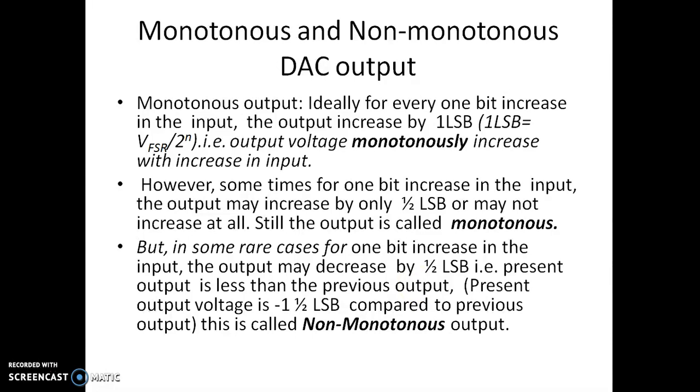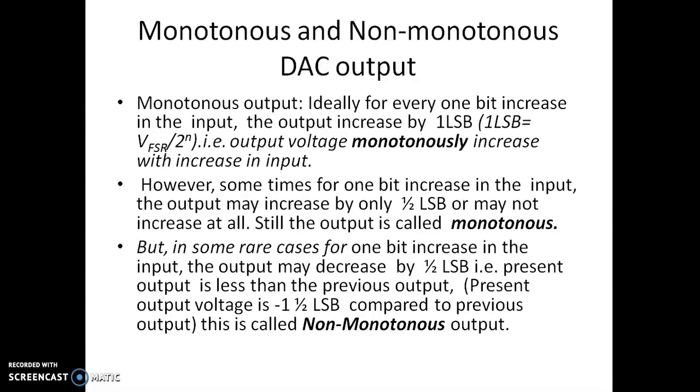Actually, you had some output, and that output has reduced upon increasing the input. So this is not acceptable. That is, the present output voltage is minus 1.5 LSB less compared to the previous output. If the output is less than minus 1.5 LSB compared to the previous output, we call it non-monotonous output.